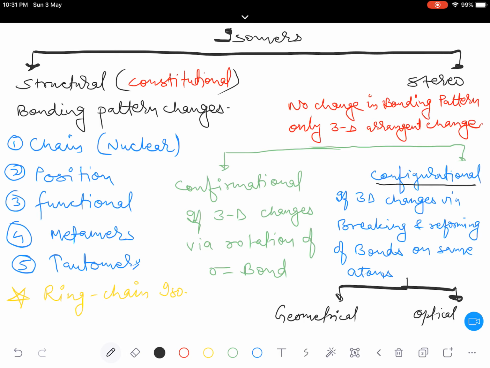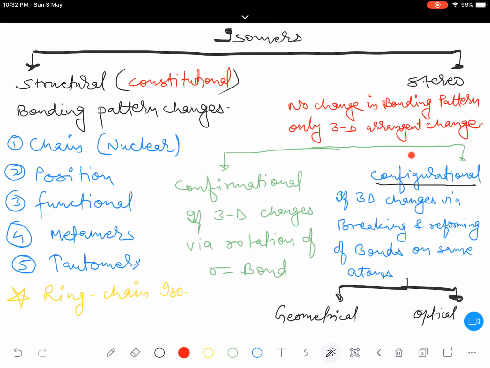Now I will start with structural isomers. Our matter of concern for this class will be structural isomerism. Then we will move on towards stereo. In stereo also conformational, and then configurational. So I suppose this part of differentiating different isomers is clear to everyone.